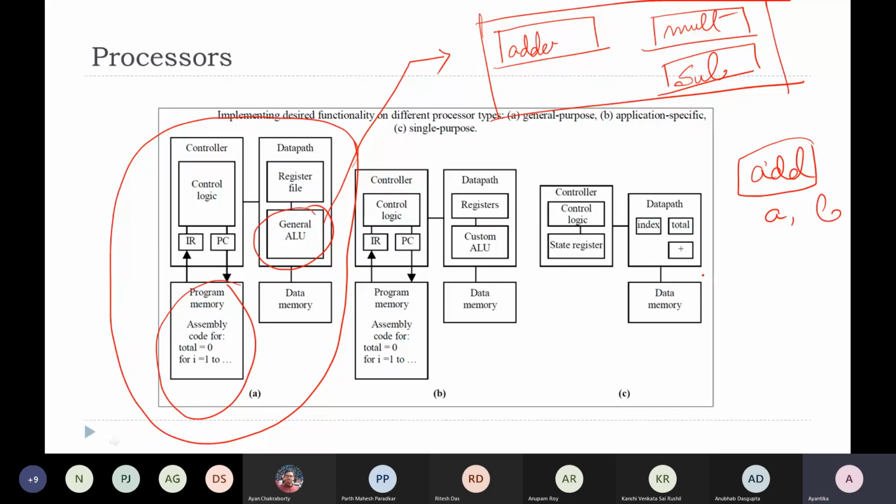What will be my inputs to this addition? Whatever is stored in A and B. So it will fetch this data and pass this information to the ALU.